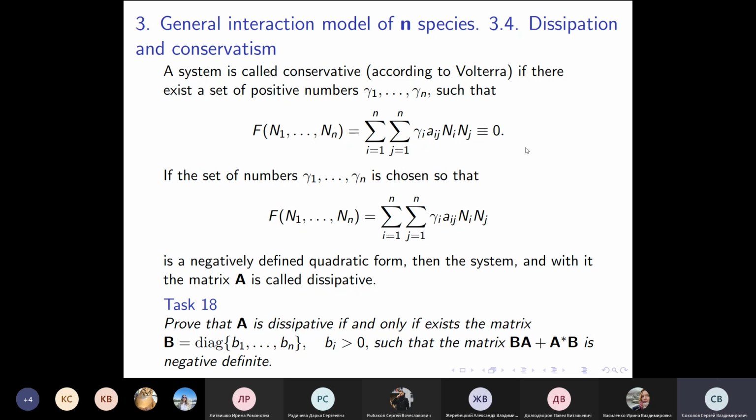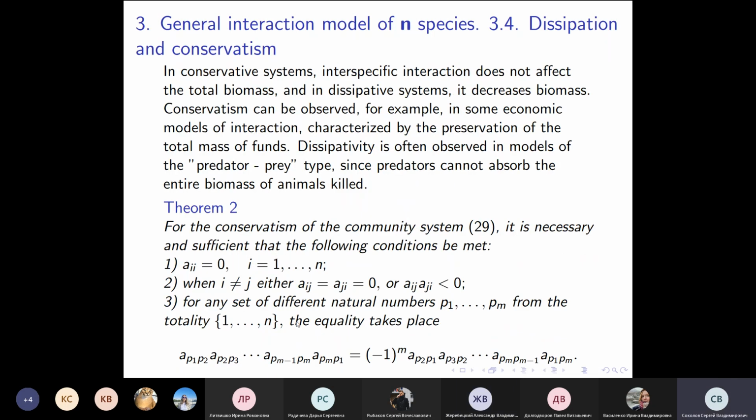So if we consider a skew-symmetric matrix like 0, 1, negative 1, 0, with gamma_i equal to 1, we can see that this sum is n1 n2 minus n1 n2. So far, this matrix will be conservative. Understandable. Yes, and we can see that the sufficient conditions are met here.